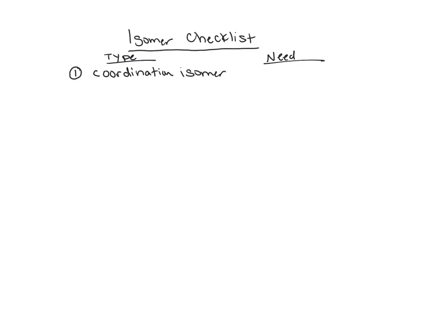Remember, you're swapping a ligand that has a negative charge and a counterion that has a negative charge. So we need an anion ligand, for example, chloro, bromo, sulfato, and a counter anion.